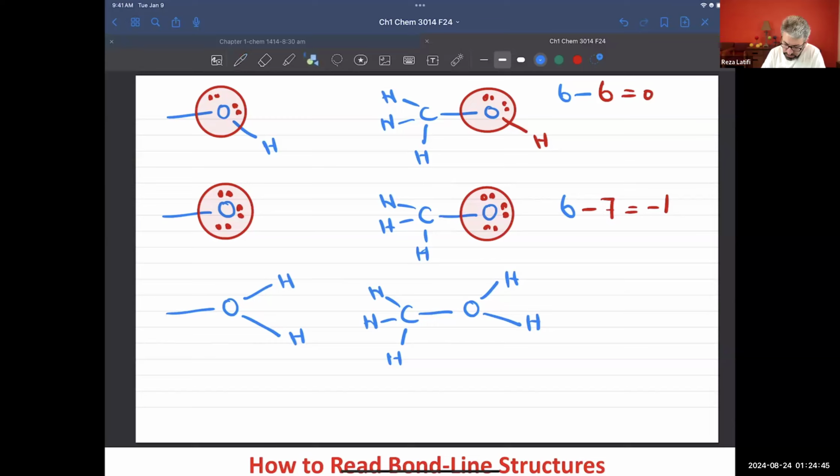Let's check whether it's octet or not. I see 3 plus 3, that's 6. I need 2 more electrons to make it octet, so I'm going to put 2 electrons there.